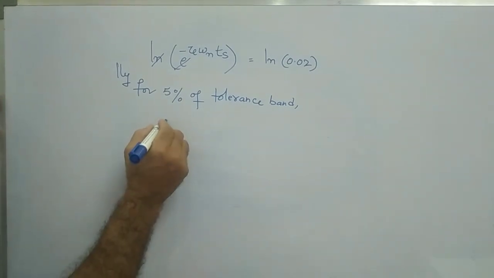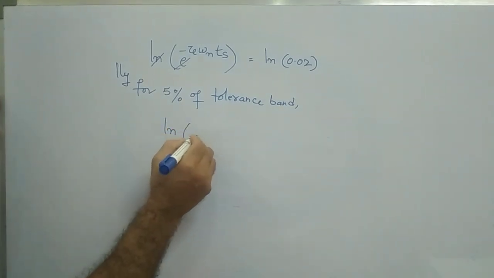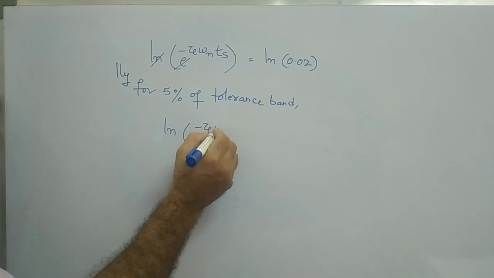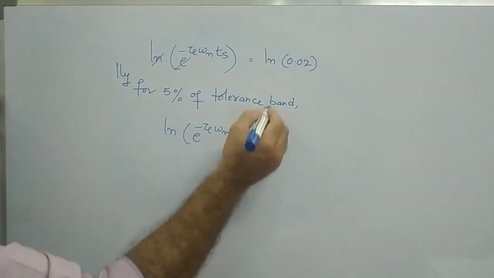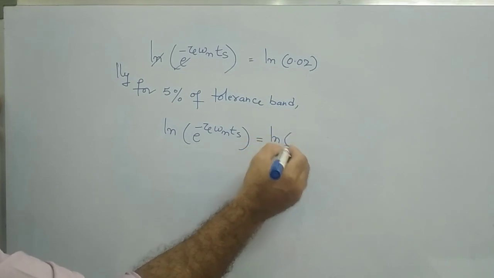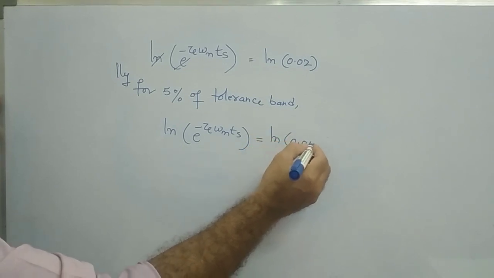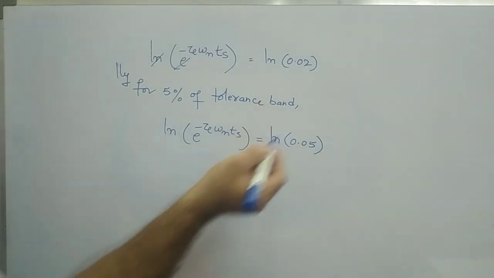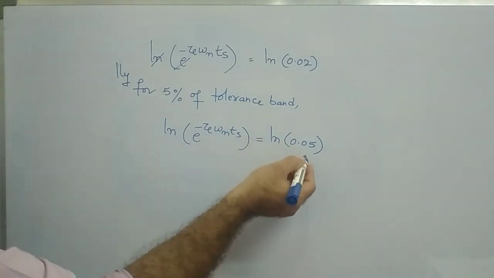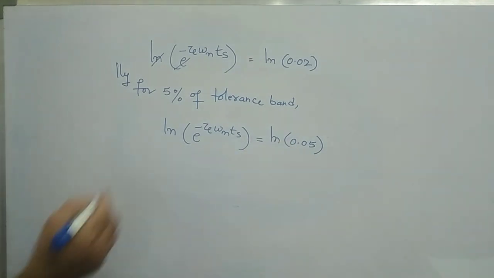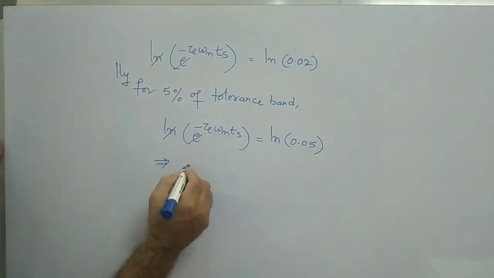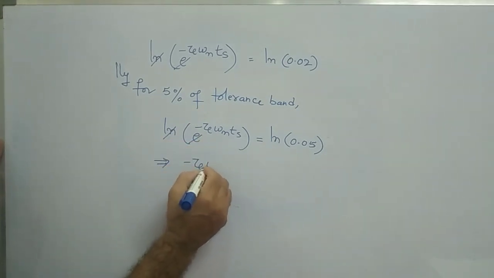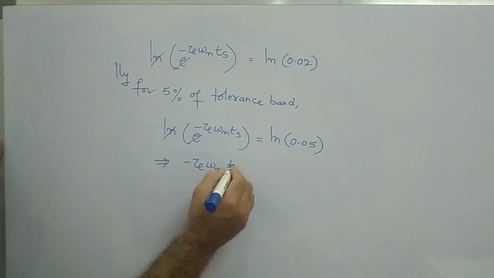So here also it is the same: ln of e power minus zeta omega n ts, everything is same. Only thing that will change is ln of 0.05, meaning 5%, which is 5 by 100, nothing but 0.05. Here also the same, this will be cancelled out, and this implies minus zeta omega n into ts.